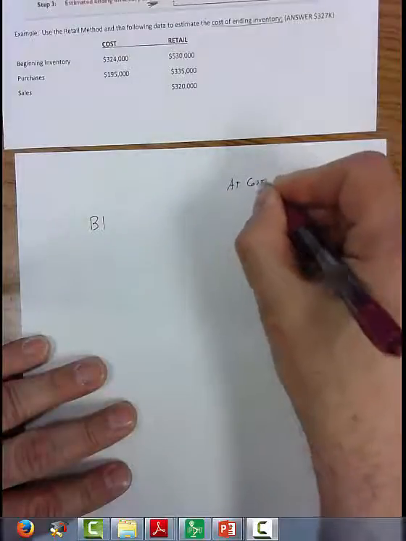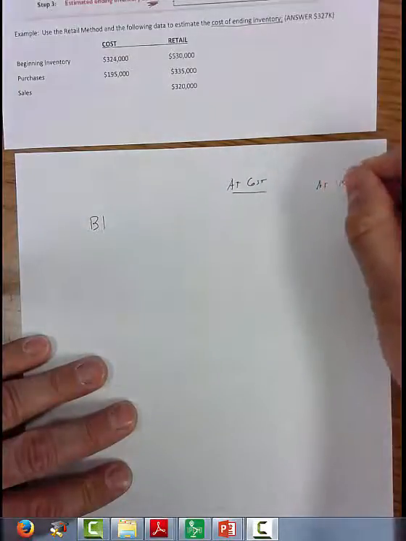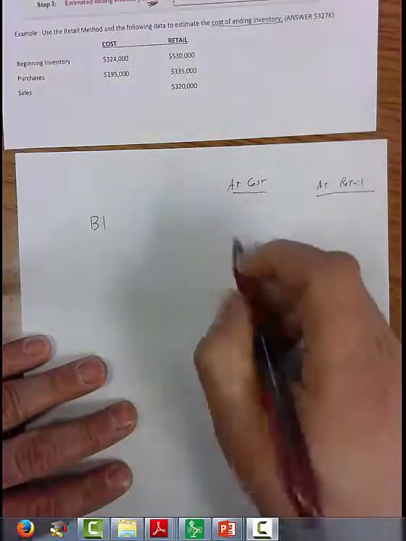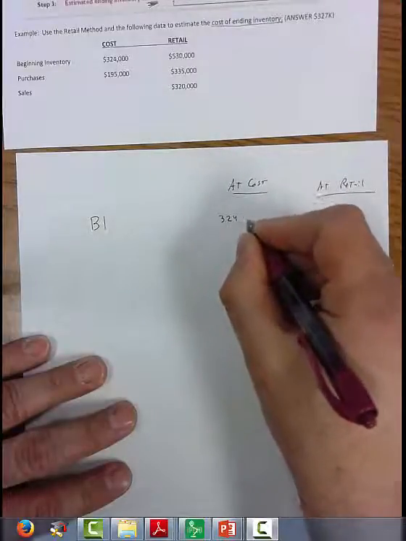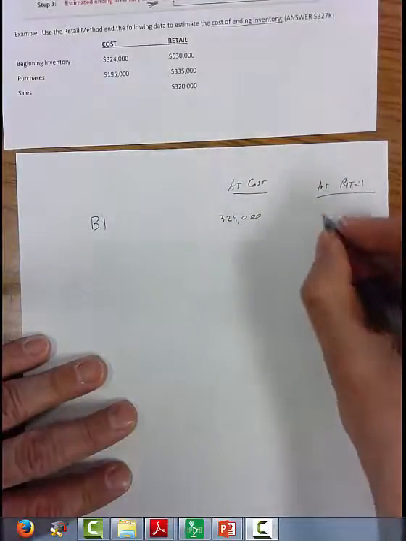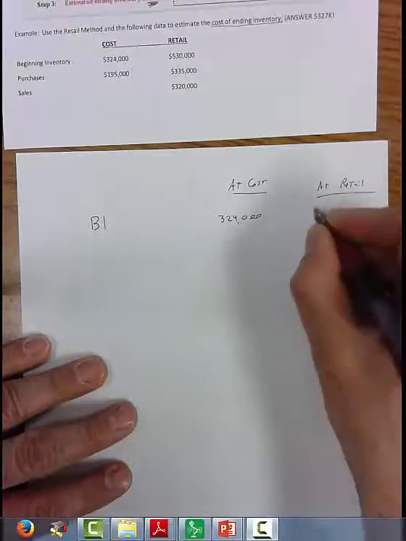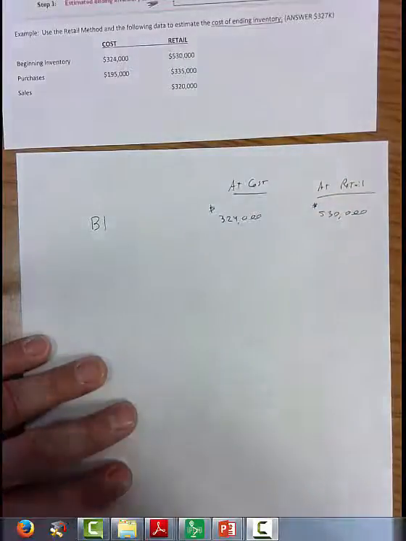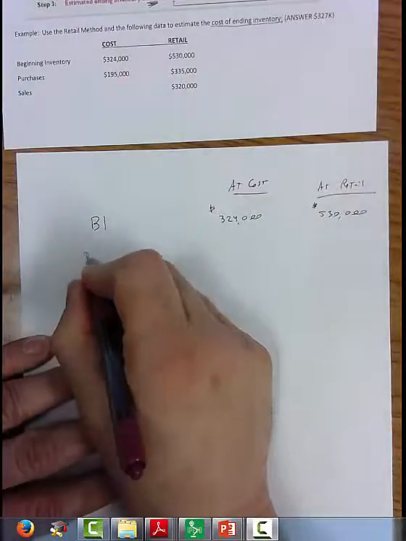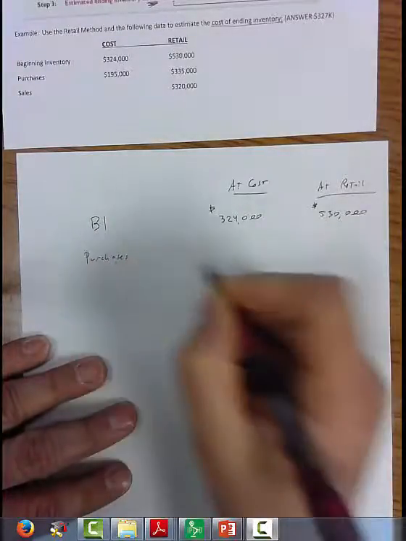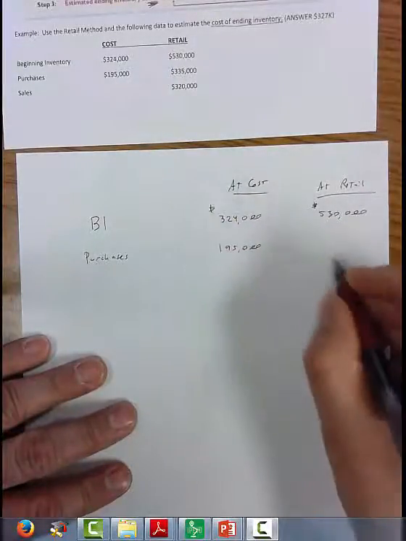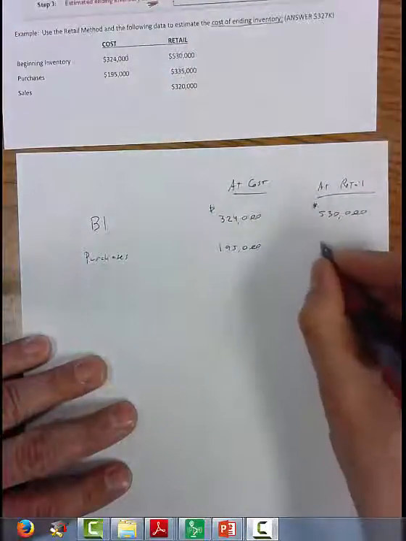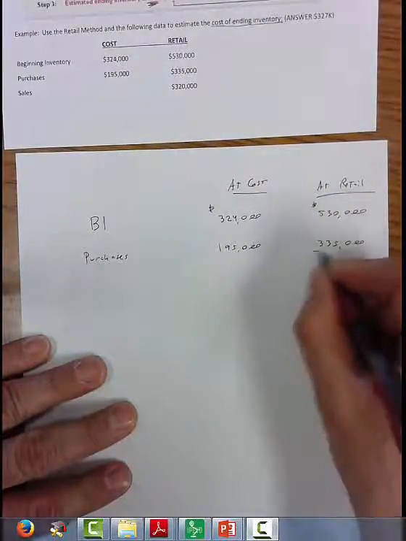Okay, so let's list this out. We have at cost right here, at retail right there. Our beginning inventory at cost and at retail is $324,000 and $530,000. What are our purchases? Our purchases at cost, $195,000. Purchases at retail, $335,000.